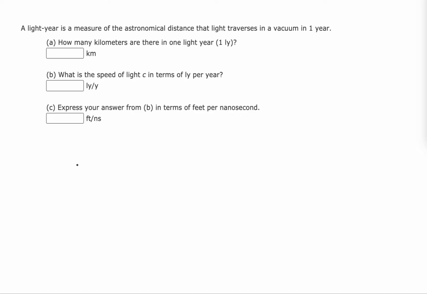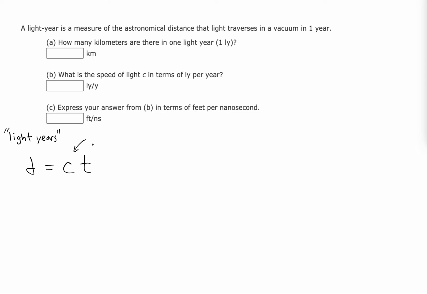All right, so if we take the speed of light, c, and multiply it by a time, t, we get a distance traveled. Now we want our distance traveled to be in the unit of light years.